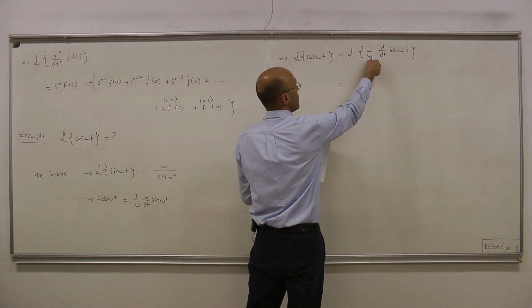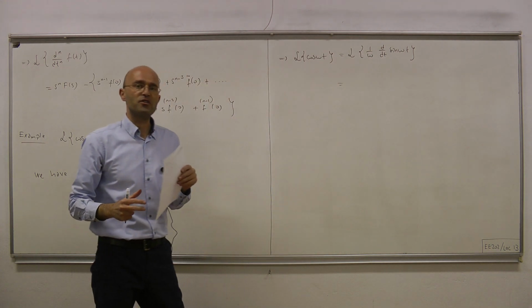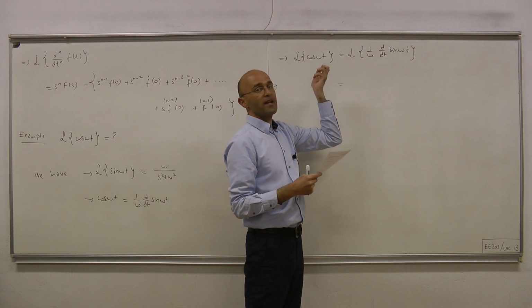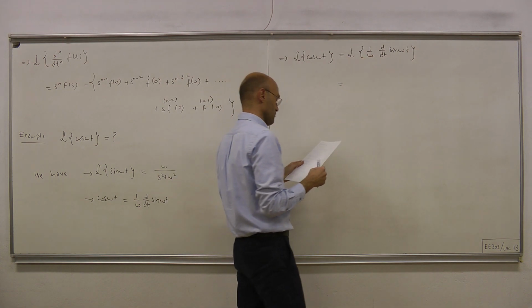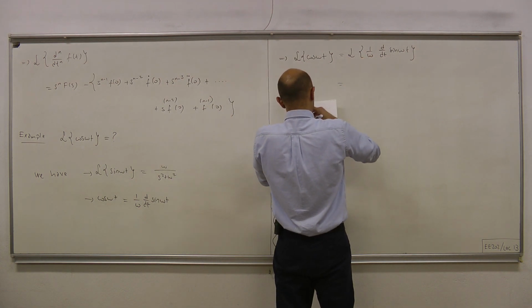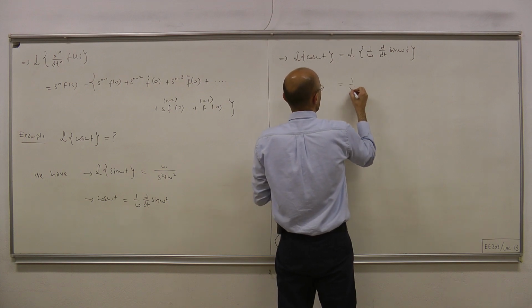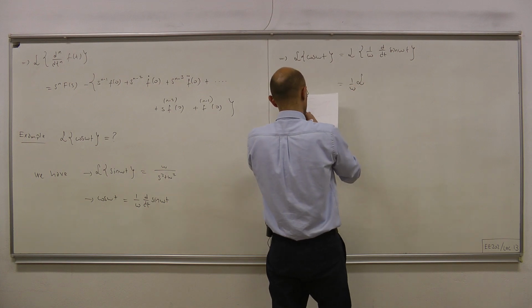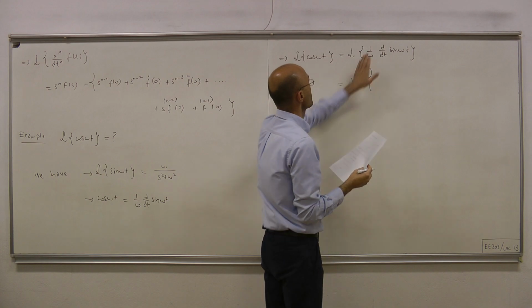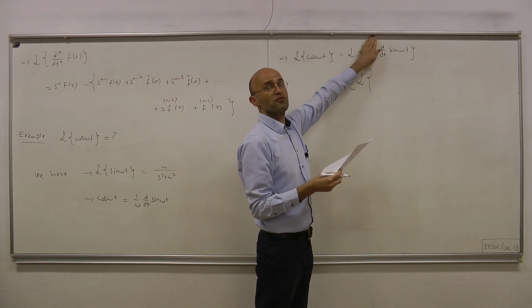That equals, first of all, because Laplace transformation is a linear operator, we can just take that 1 over omega outside the transformation and write 1 over omega times the Laplace transform of the time derivative of sine omega t.